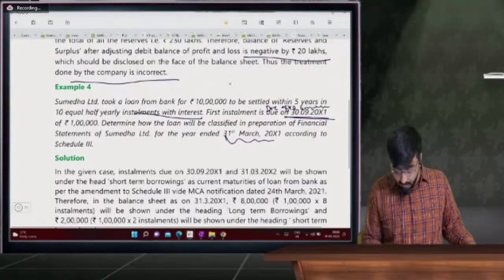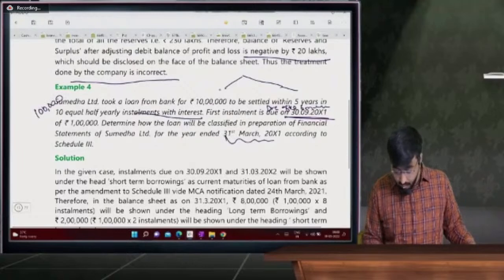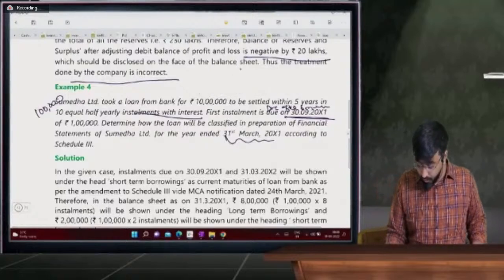So, beta, during 1 year, one installment is of 1 lakh. So what is the loan amount? You can draw the diagram, 10 lakhs.